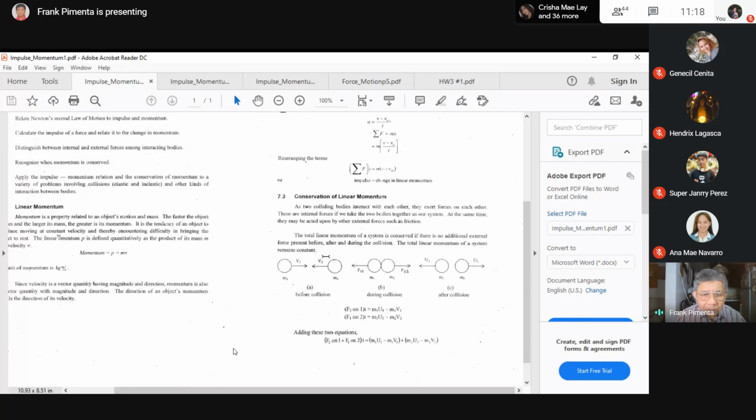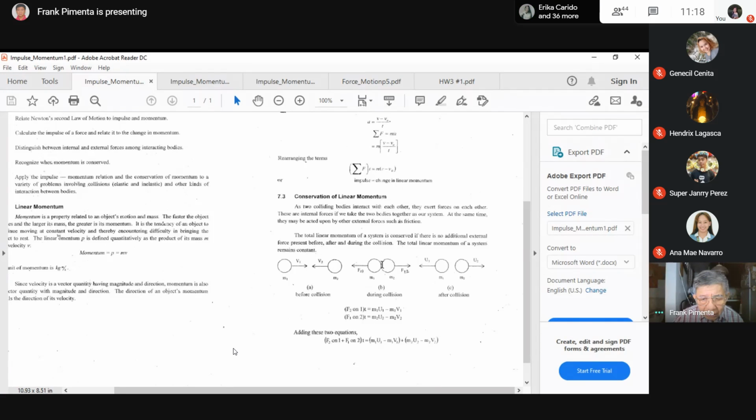During the collision, the velocity will be zero here. They will stop. And that velocity, because of the interaction or collision, is converted. Internal forces are converted to external forces.